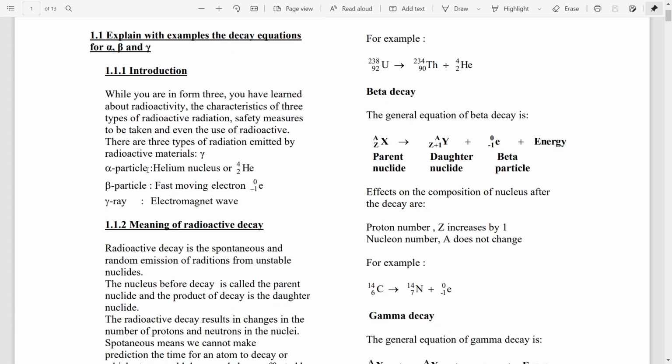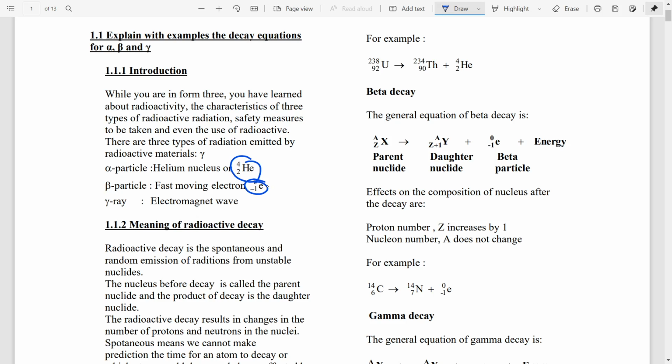So we have three types of radiation, alpha, beta, and gamma. Just a quick revision. Alpha is equivalent to the helium nucleus, and beta is actually the electron. This is not the electron that you learn in your chemistry, which is orbiting the nucleus.